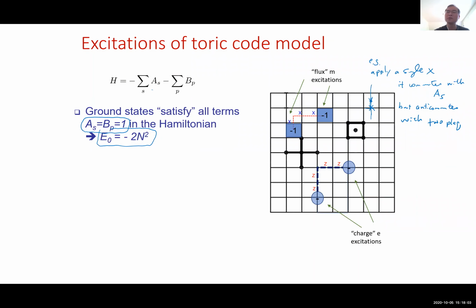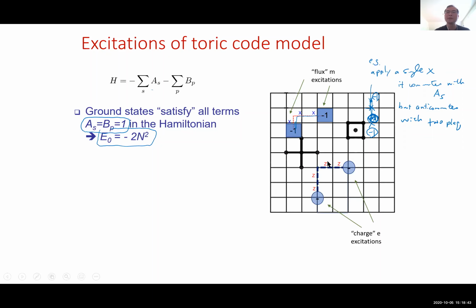You see that it creates a minus sign here and a minus sign here. So that's indicated here, these shaded blue minus 1. I here indicated there is a pair, but if you apply another X here, that would cancel out this -1, and the other -1 will be moved around. So that's why if you use X, you can move the excitation around.